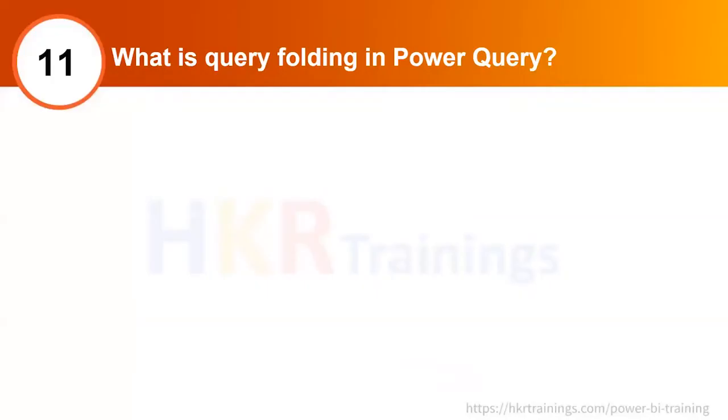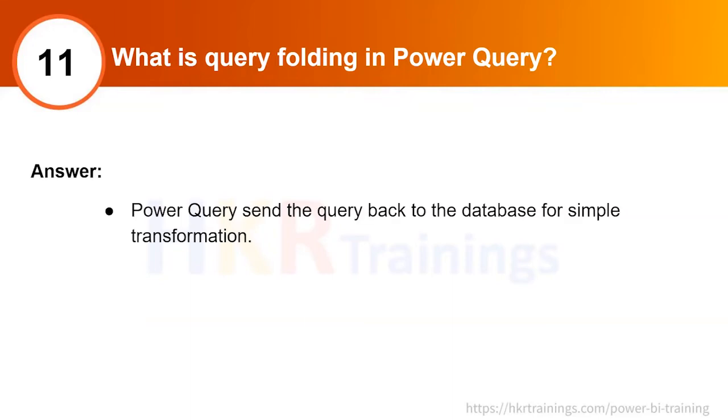Query folding means Power Query generates SQL queries automatically, sends them to the data source, and the data is transformed there. When the data is transformed at the data source level, the query performance will be improved. That is all about query folding.